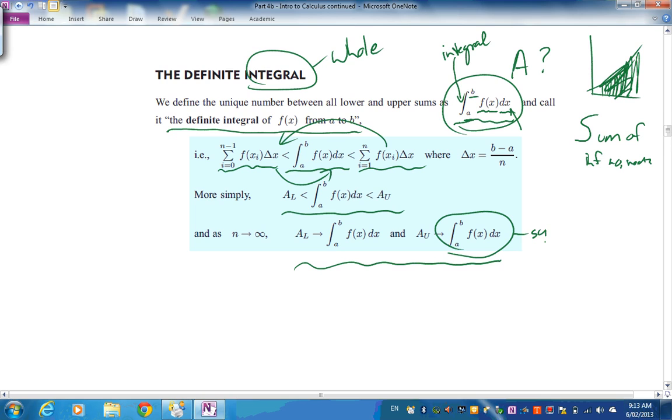A symbol for the exact value. Okay, for the area under the curve if it's above the x-axis there. So that's a symbol for the exact value. So when you see that, we have to try to get the exact value.